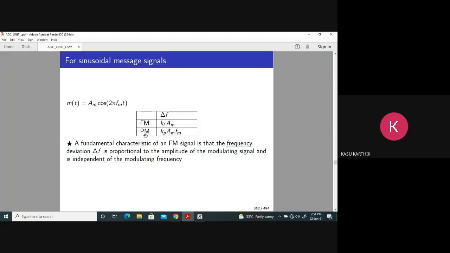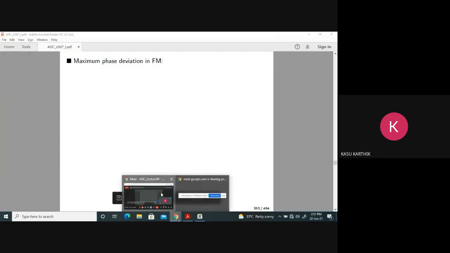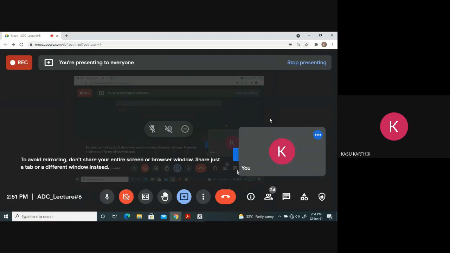But in the case of PM, delta F depends on both the amplitude of the message signal as well as the frequency of the message signal. Right. Any doubts? You can ask me now. Otherwise, if you don't have any doubts, we'll stop here.